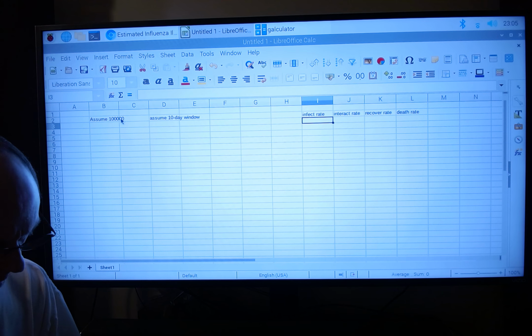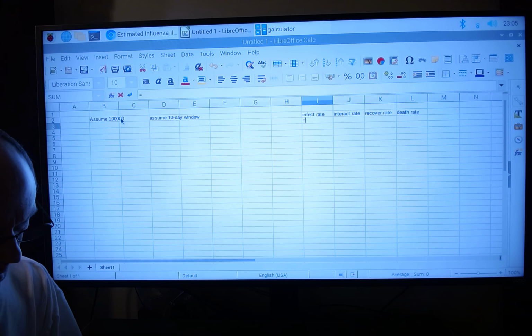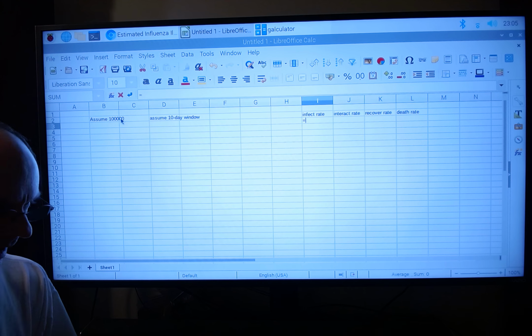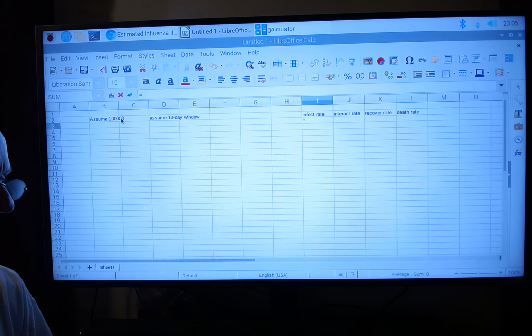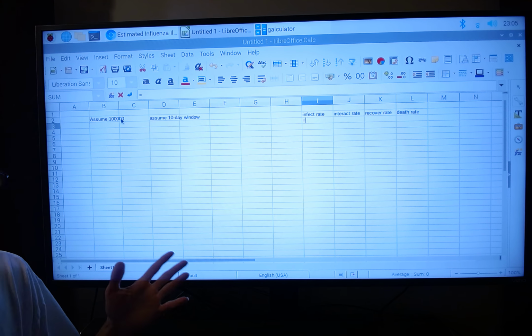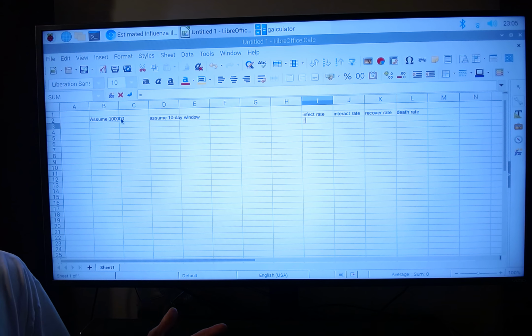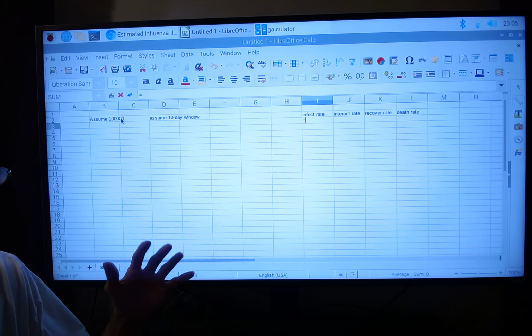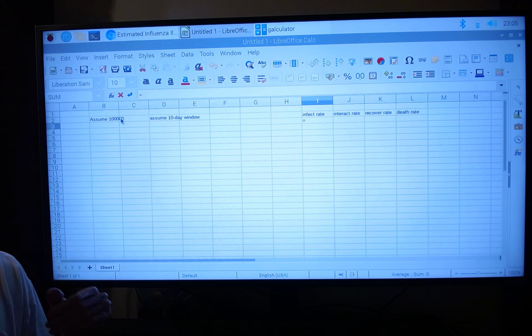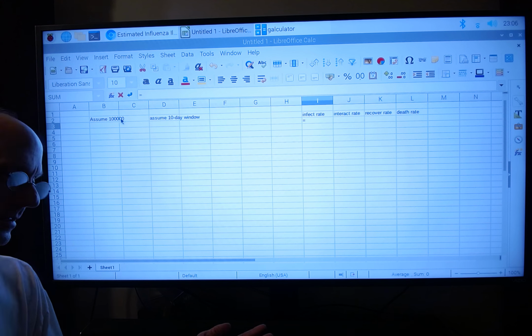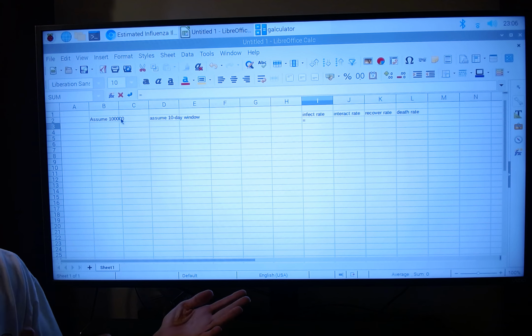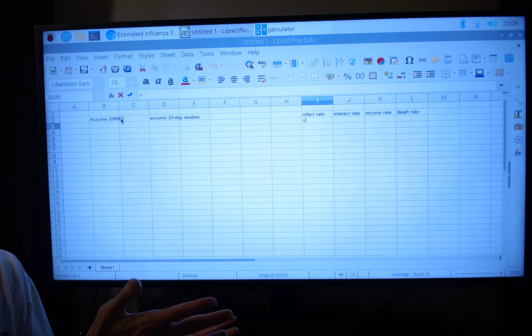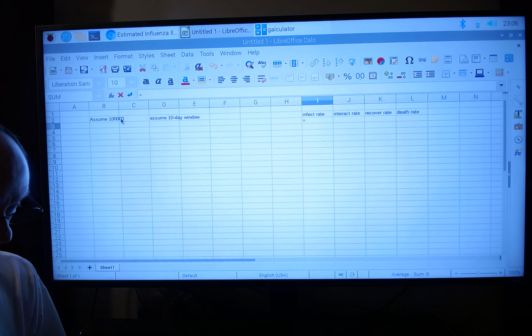In our infection rate, I don't know the infection rate. I've just heard several reports that it's between 2 and 3 people. Like if one person gets the coronavirus, they pass it along to two to 3 people in that 10-day window.